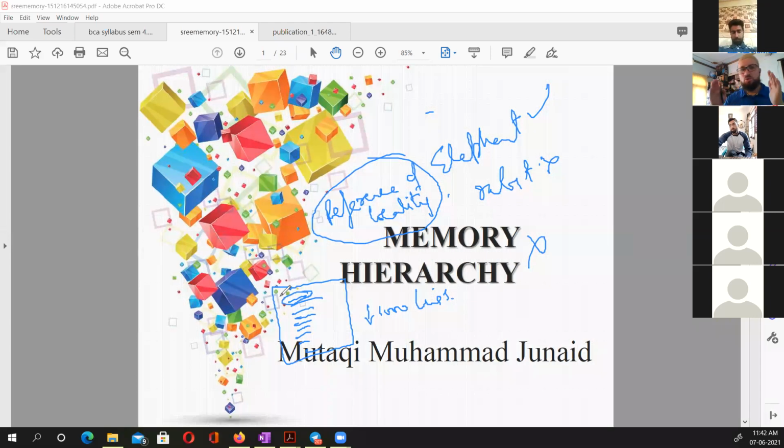You have a mason who is building a house. He needs trucks of bricks, maybe 10 trucks of cement and other things. But at a time he's working on a single brick. He doesn't need everything right now.